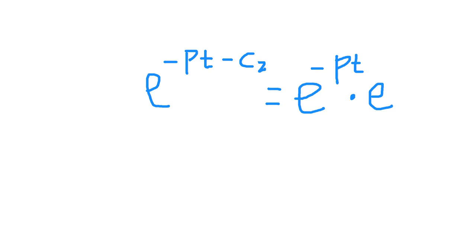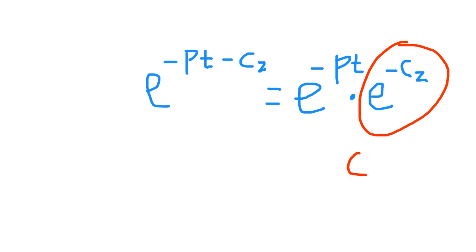That means this, right? It's the same. So now I don't want to carry e to the negative c2 with me all the time. So I'm going to name this c3, or maybe just a constant c. So that's why this is gone, and I can carry c3 with me. Looks much neater. Yeah, that makes sense. Thanks. You're welcome.